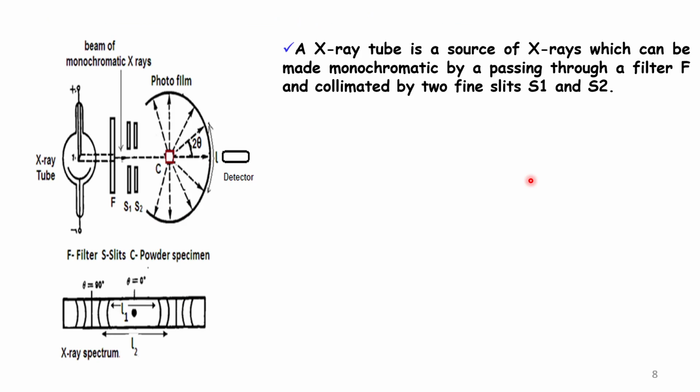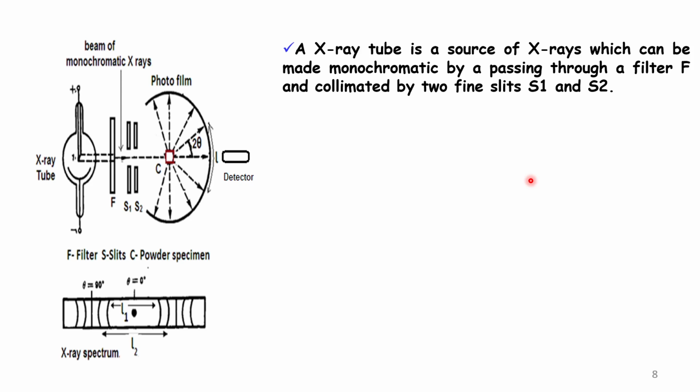Here the X-ray tube acts as a source of X-rays. It generates polychromatic radiation, and if you want to make it monochromatic, it should be passed through a filter, which is also known as the monochromator.